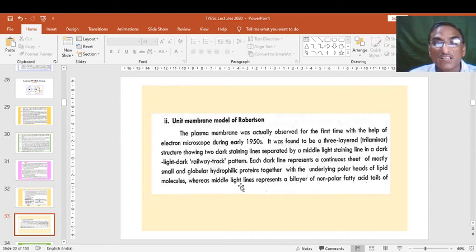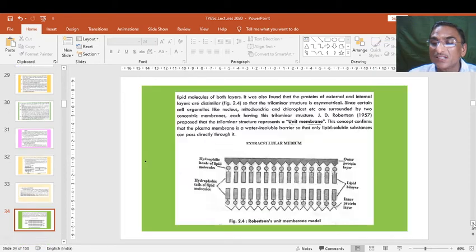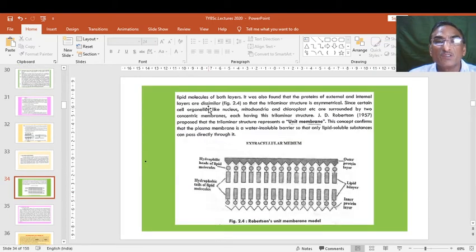Whereas the middle light line represents a bilayer of non-polar fatty acid tails of lipid molecules of both layers.